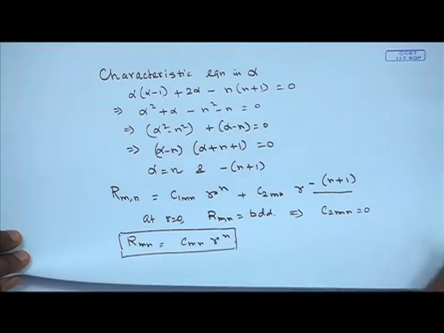Now, we are in a position to construct the complete solution. We will be having two standard eigenvalue problems in this particular situation. One is in the phi direction that we have already seen.